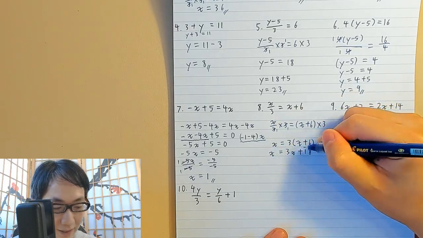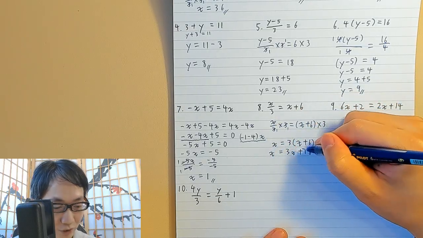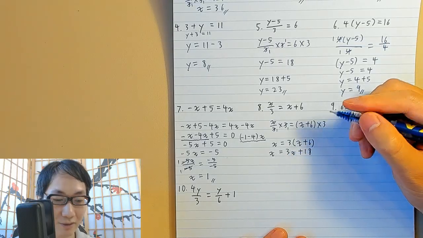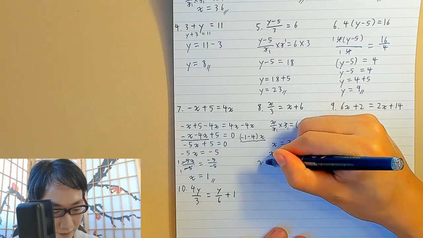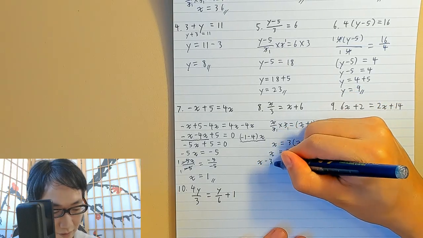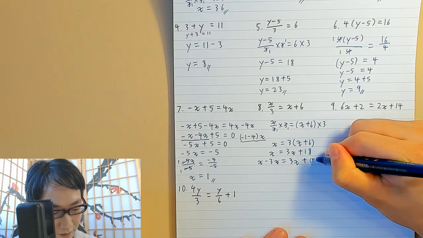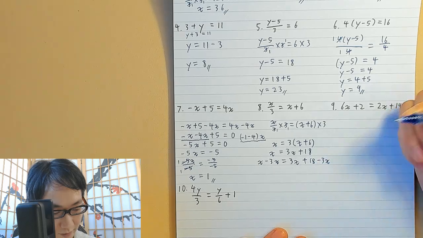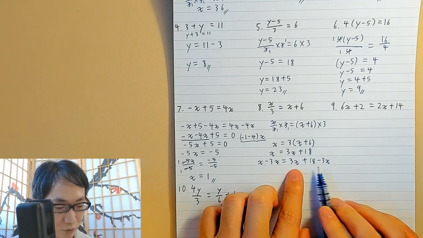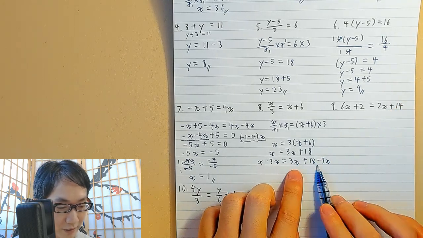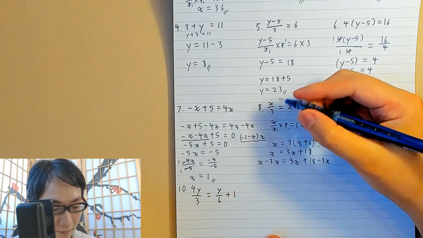So then now the x is not trapped. We can move it to the left hand side. So x minus 3x, 3x plus 18 minus 3x. So then these two terms, positive 3x and negative 3x, cancel.